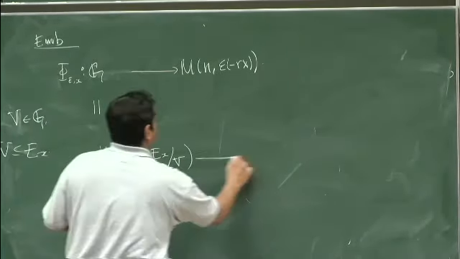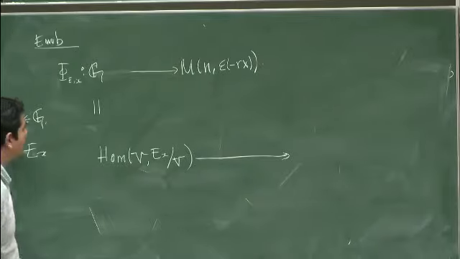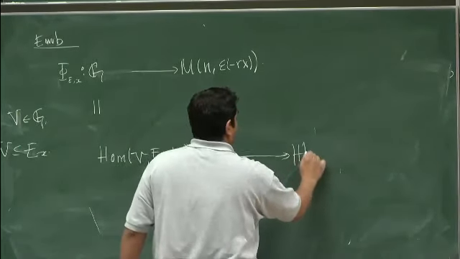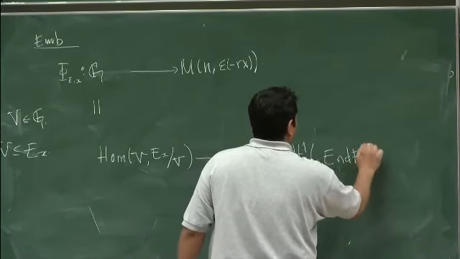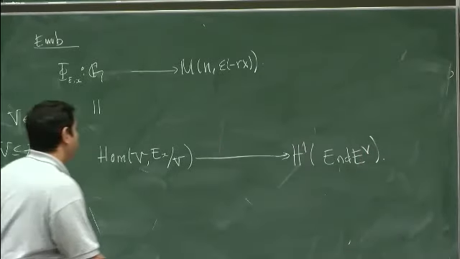And the tangent here at the image of B is the H1 of the endomorphism E_B.